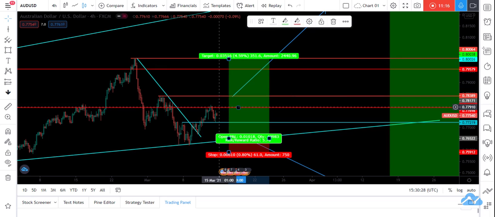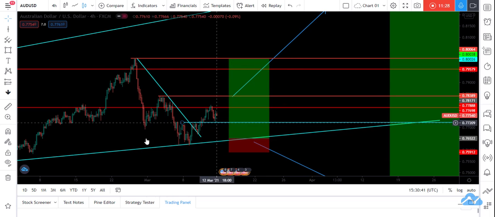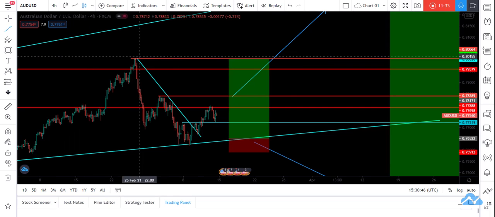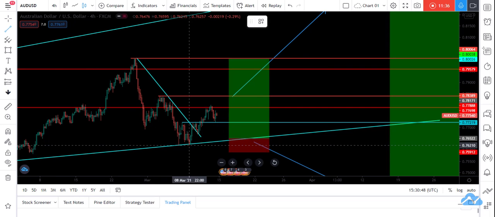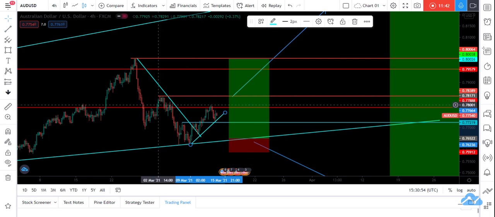So first target right at 0.7835, second target at 0.80. So this seems like a really likely scenario, because right now, this seems like a move that's most likely going to break lower again.